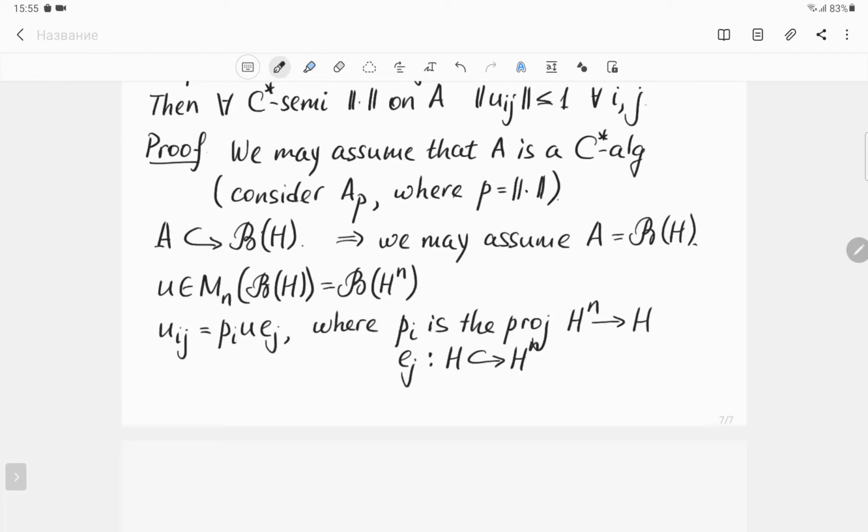It's clear from the notation what E_j is. Let me maybe draw it explicitly. So this is how E_j acts.